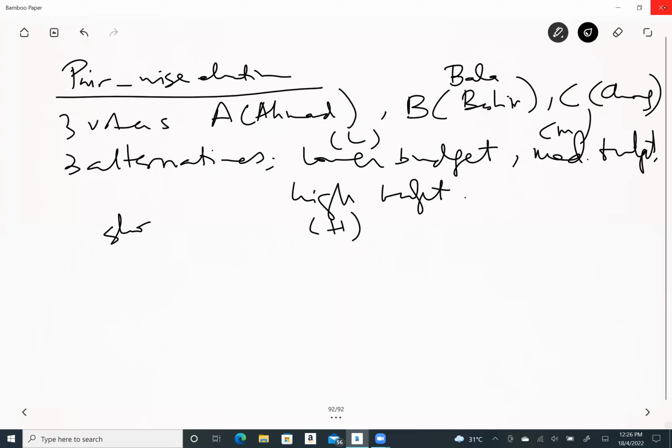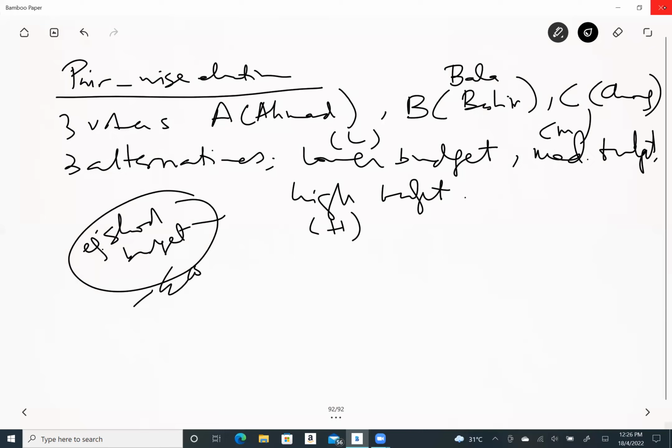For school budget. You want to choose low budget, high budget, or medium budget for the school. All right. So example, school budget or budget for your economic society.